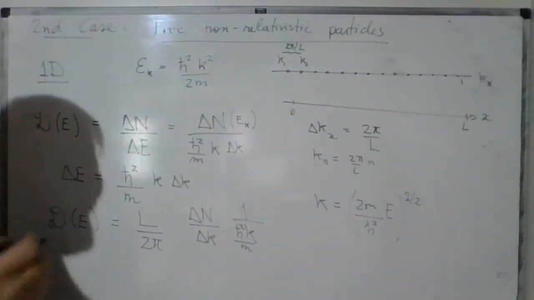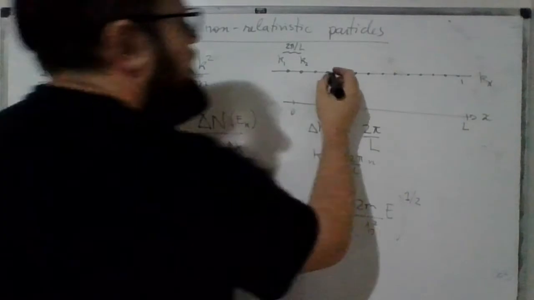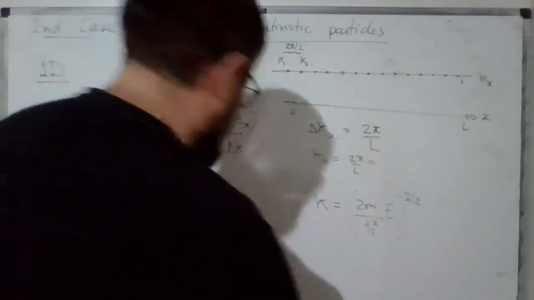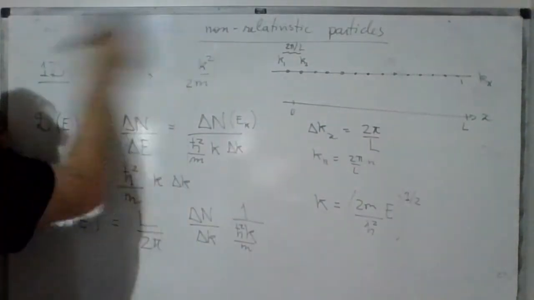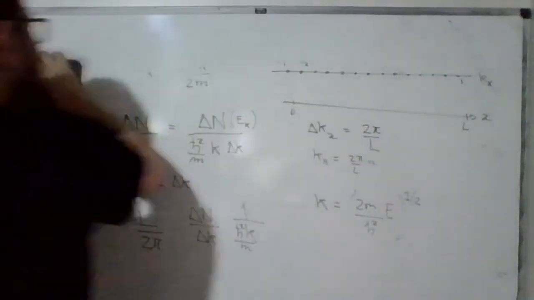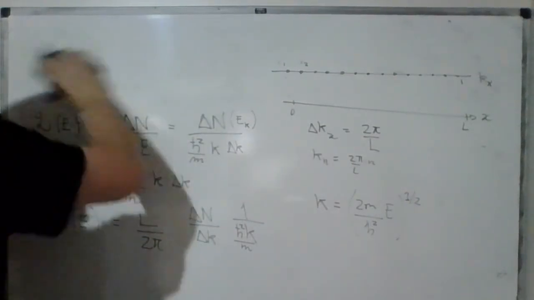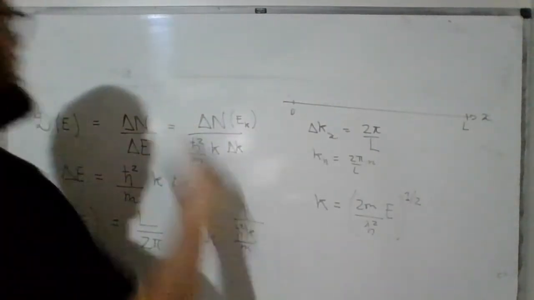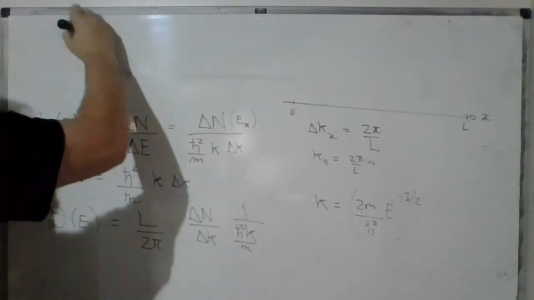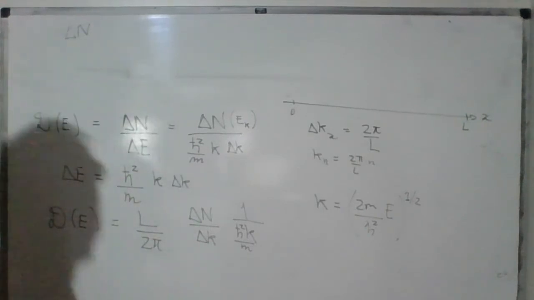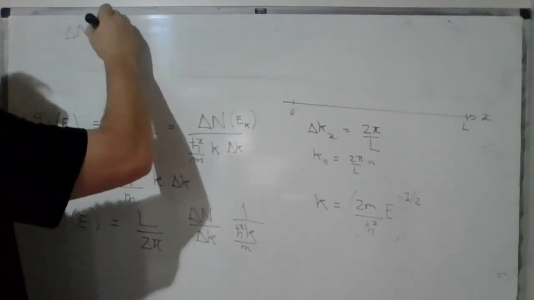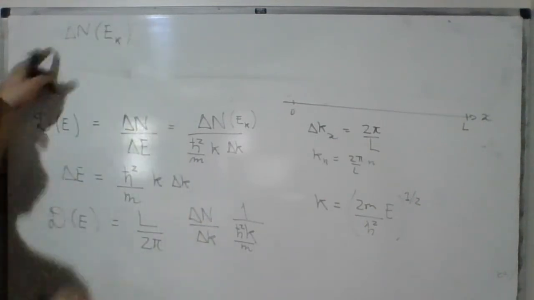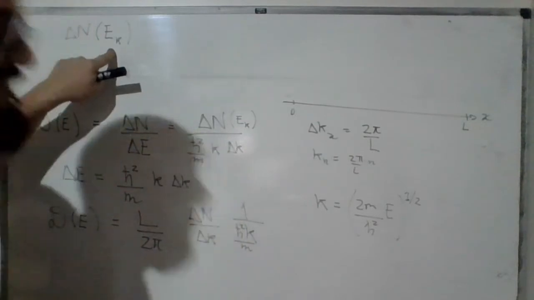And what is the number of states between some given k? Okay, let me erase here. Need to erase, but remember we are dealing with a one-dimensional problem. At first, what is the number of allowed values of energy states? What is the number around E of k?